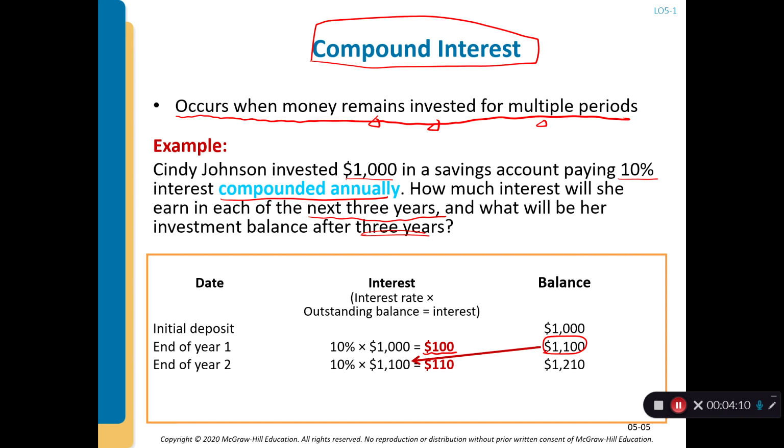In the second year, the investment has grown to $1,100, so the interest is $110 and the balance grows to $1,210. In the third year, it's still a 10% interest rate, and the reinvestment is the balance of the last year, $1,210. Therefore, the balance is $1,331 at the end of the third year.